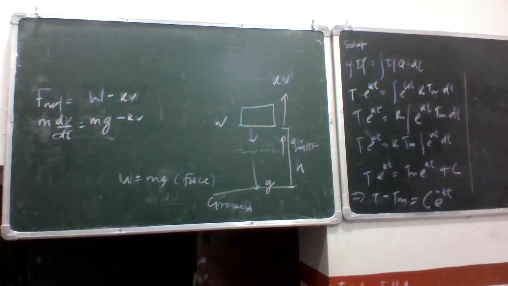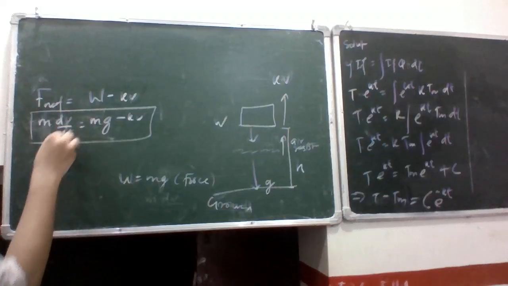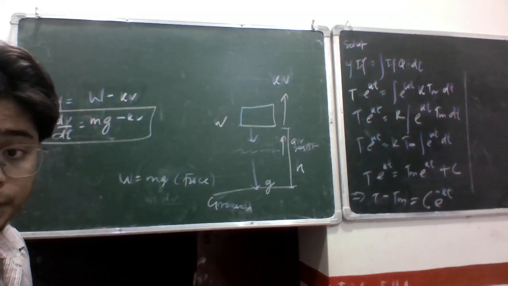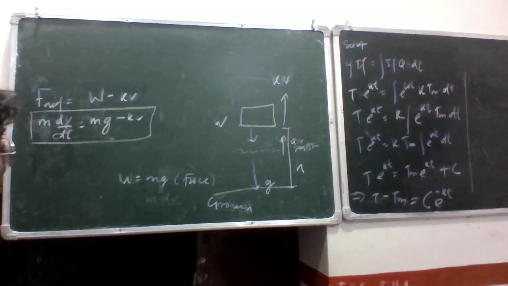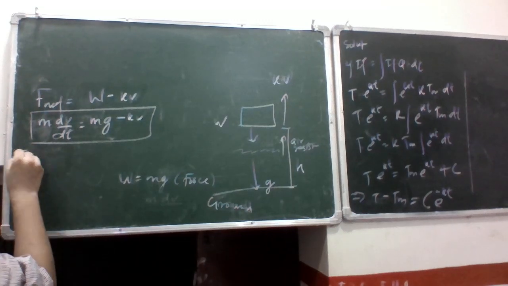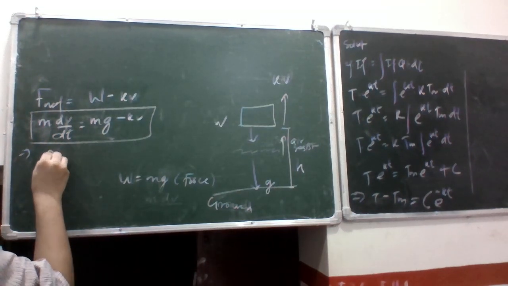This is our differential equation, which accounts for the body falling under the influence of gravity in the presence of air resistance. If there was no air resistance, this term wouldn't be here. So let's divide by m on both sides.